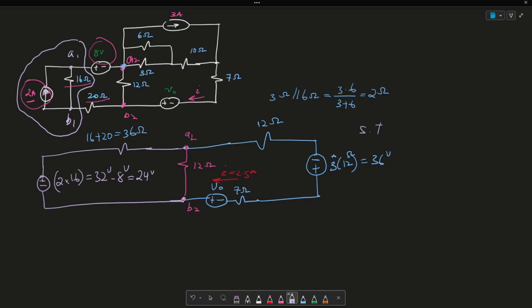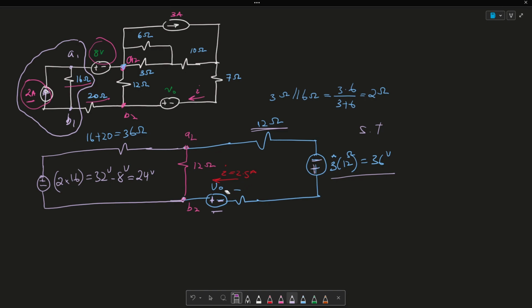All right. So what can we do next, right? We see that we have a voltage source and another voltage source in series. So we can add those up. And it looks like their terminals are facing the same direction, right? So plus comes before minus, right? And then we can also combine this 12 ohms with the 7 ohms because they're in series. So let's go ahead and do that.